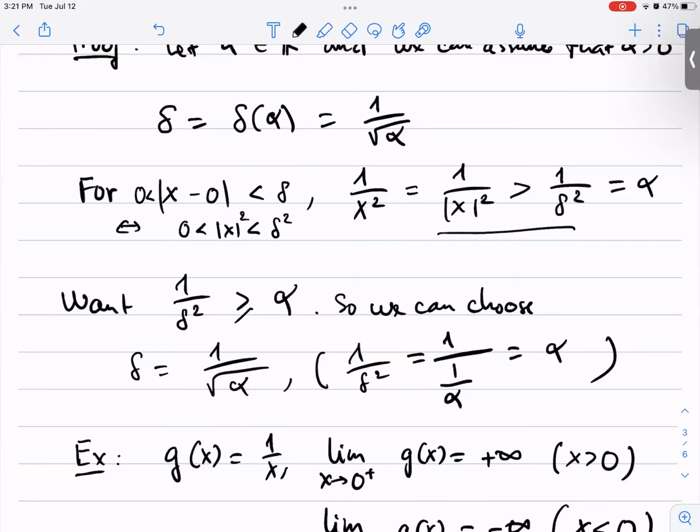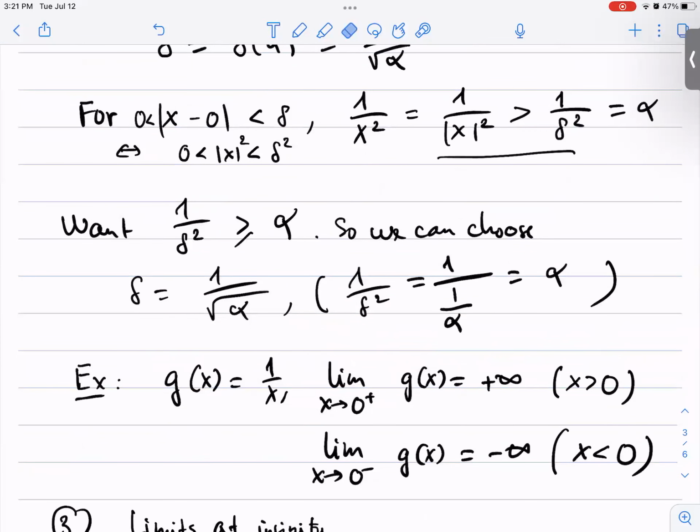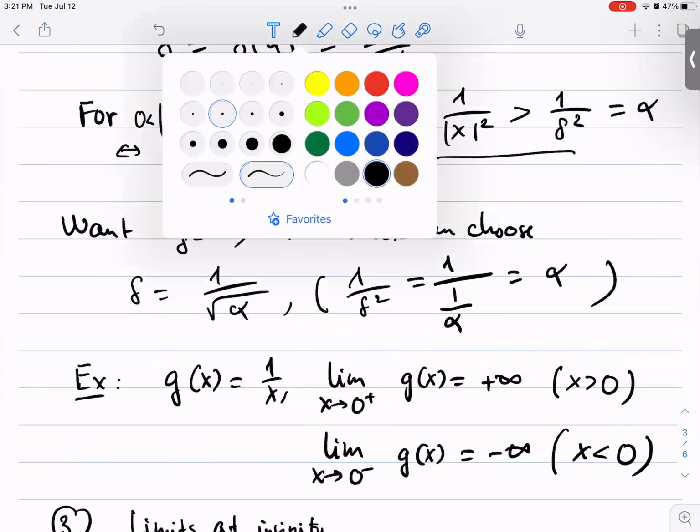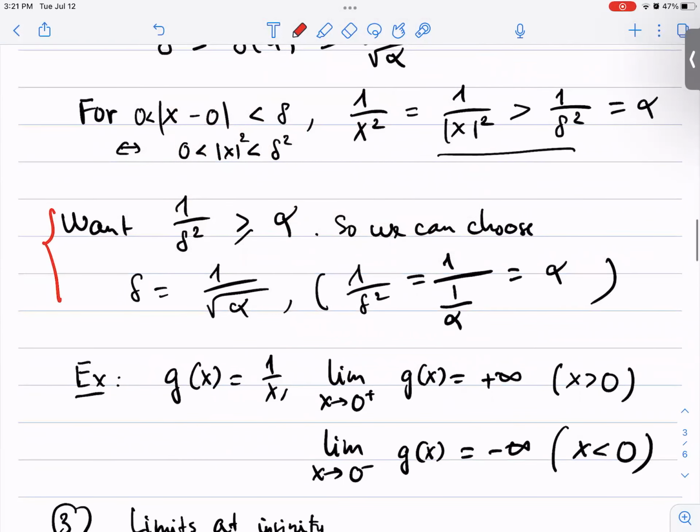Now the definition is verified, so we can conclude that the limit of the function when x approaches 0 is equal to plus infinity. The step right here is just the thinking process.